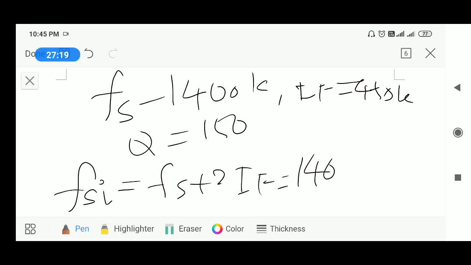Fs 1400 plus 2 into 455, that is 910. That means 2310, right? 2310 kilohertz is the image frequency.